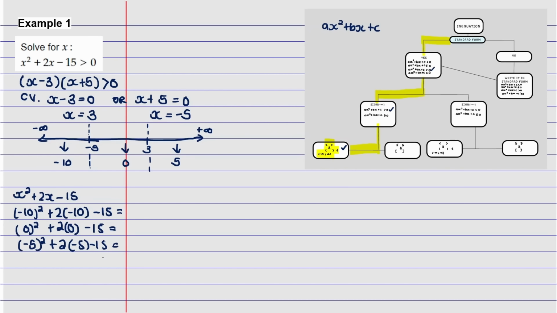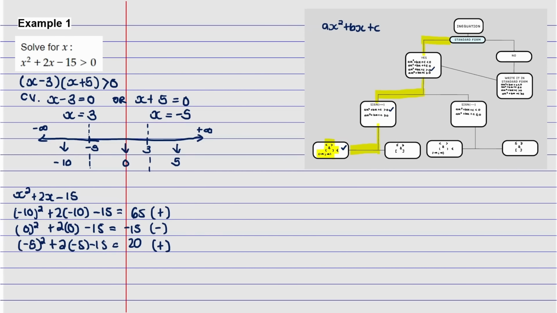When you put all three into the calculator, the first one you get 65. The second one you get negative 15. And the last one you get a positive 20. Here, what matters is only the sign. The first one is a positive 65, the second one is a negative, and the last one is a positive.